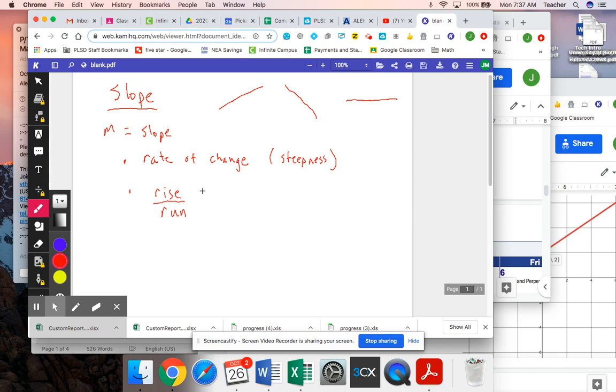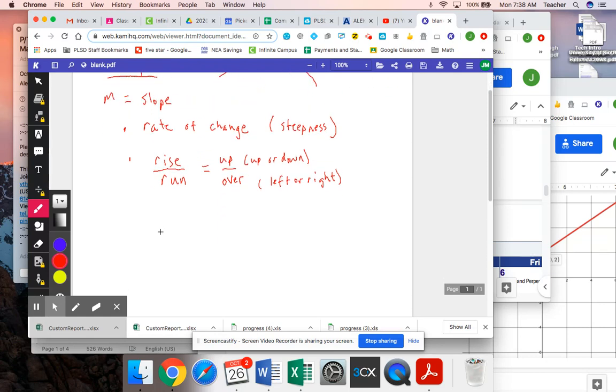Sometimes you hear it like, how far does it go up compared to how far does it go over? Now, by up, I mean up or down, depending on what you're doing, because you could be going up a hill or down a hill. And by over, I mean left or right. So we can be moving left or right, and how quickly we go up compared to that is a measure of our slope.